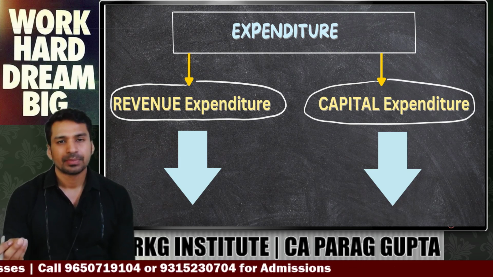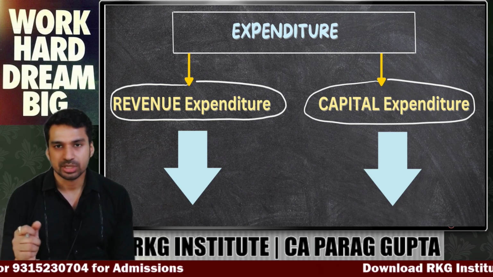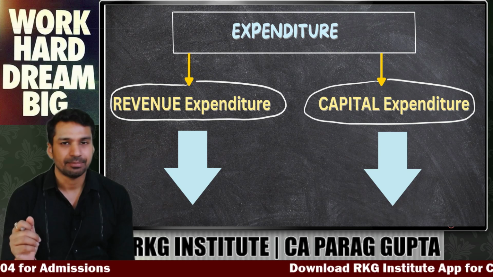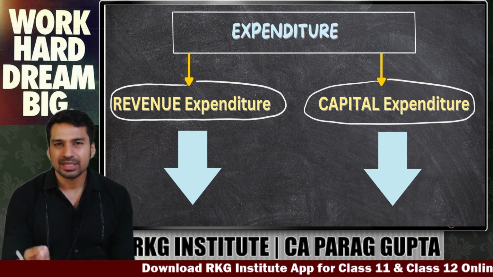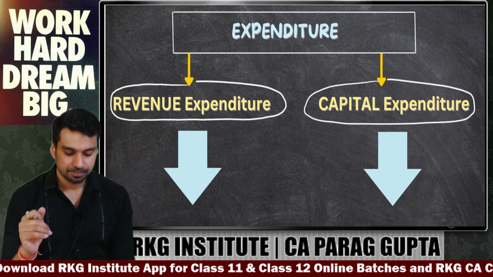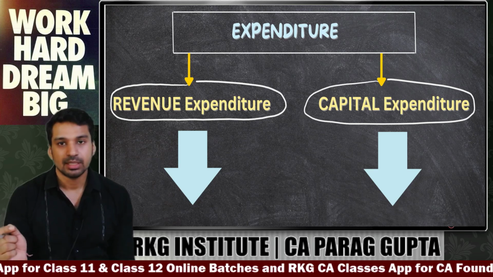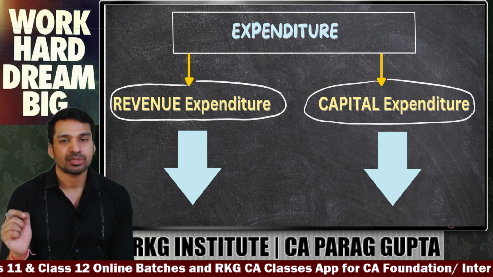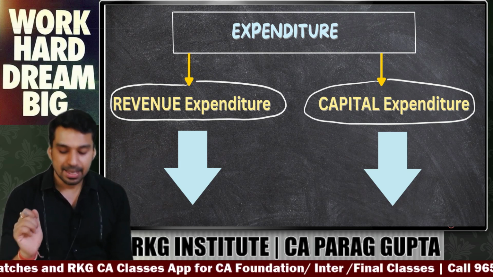For example, I purchased some pens, some stationery, which is very regular work for me. It is a very short term thing, its benefit will expire within 1 month or 2 months, so it is considered revenue expenditure. But when I purchase a machine, which is for the long term, once in a while, maybe one machine in 10 years, then it is considered capital expenditure.